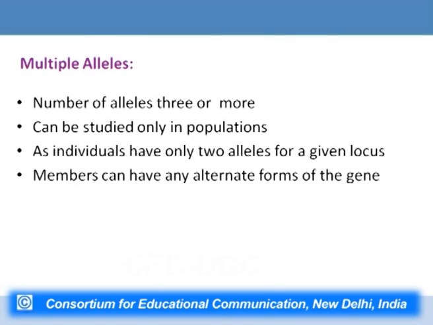These particular alleles can only be studied in populations because any individual can have a maximum of 2 alleles for a given locus if that individual does not have any extra chromosome in his or her genotype. So, normally all individuals have only 2 alleles for a given locus. Members can also have alternate forms of a gene, that means any individual can have any form of the allele, but the restricting condition is that one individual can have only 2 alleles at a given time.